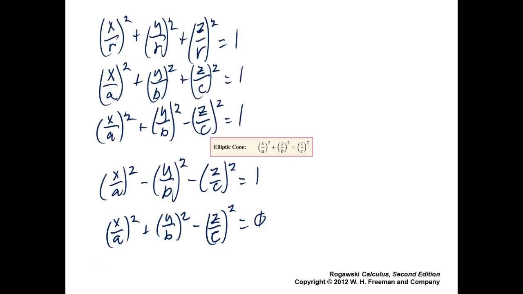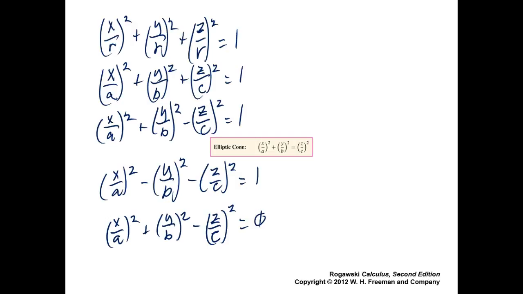Okay? Now, if you write this the other way, and the way the book does, and put the z squared over here with the 1, on the hyperboloid of one sheet, move that over there, x squared, yeah, this is equal to 1 plus z squared over c, or z squared over c plus 1, and then you did the same thing here, only you kept these two here, and then moved this up, then you would have the x is 1 minus 1, okay?